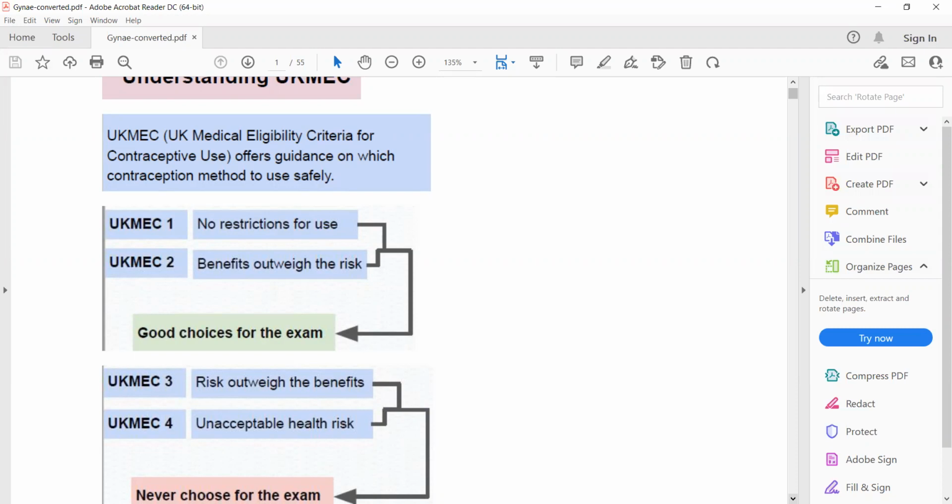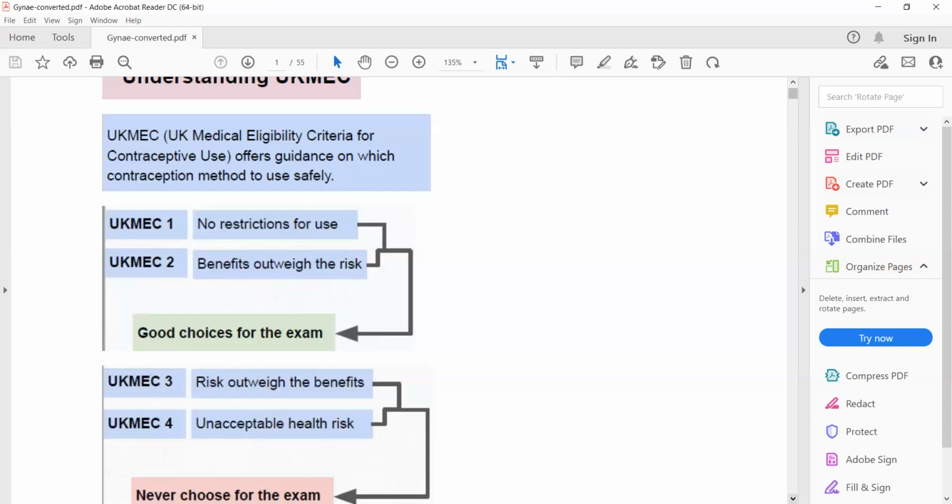UKMEC 1 and UKMEC 2 are good choices for the exam. So if in the questions both of them are given, then your first choice is UKMEC 1. But if a UKMEC 1 drug is not given in the options, then you can choose a UKMEC 2 contraception as well. Both of them can be used. So they are good choices for the exam.